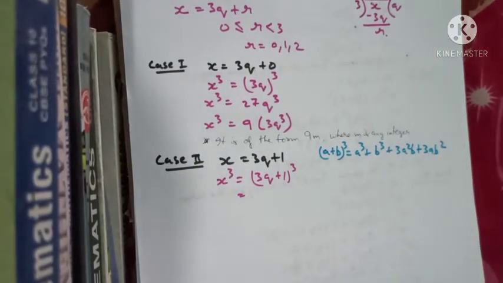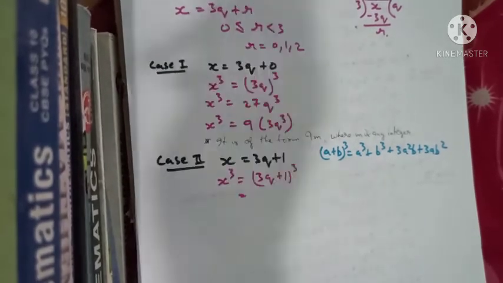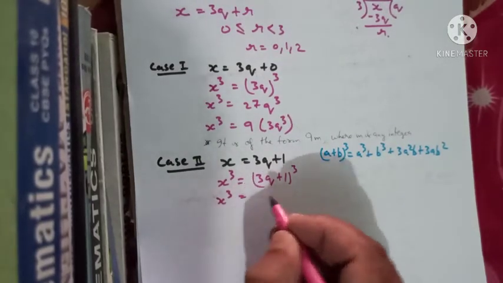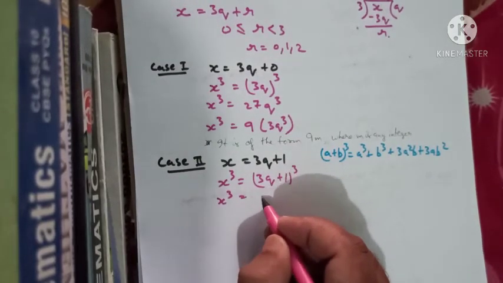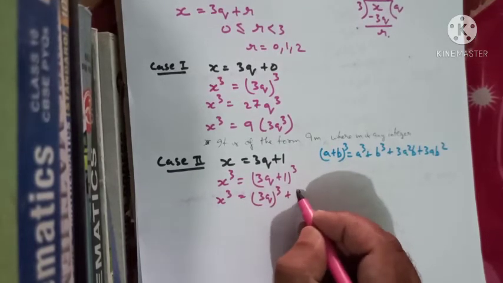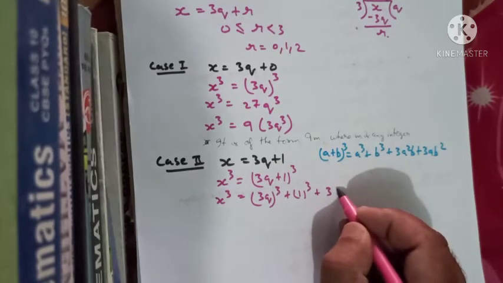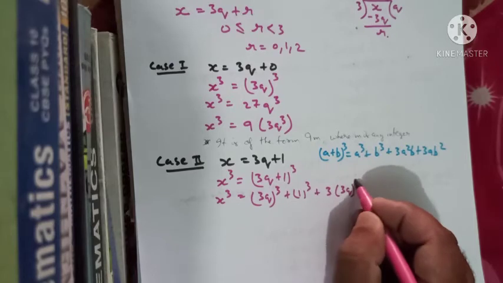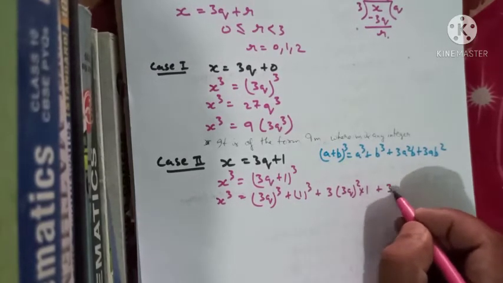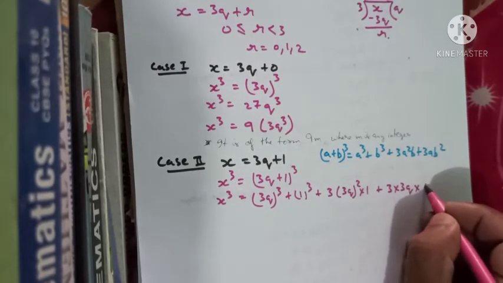That is why I told you that class 9 is very important. So we can write x cube is equal to cube of a, that is 3q whole cube, plus cube of b, plus 3 times a square, that is 3q whole square, times b into 1, plus 3 times ab square, into 3q into 1 square.